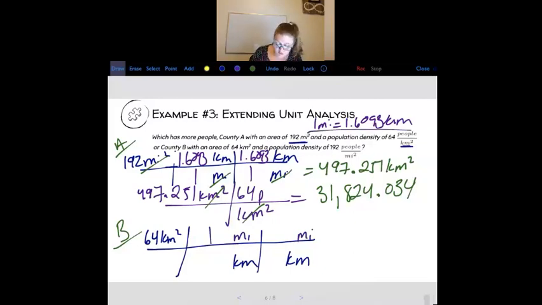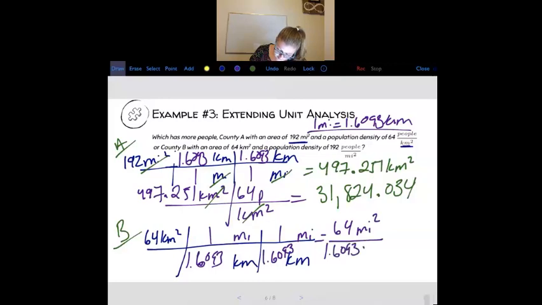So in this case, the 1 is going to go with the miles because that's what our conversion factor says, and we have 1.6093 in the denominator. And so we multiply what's on top. This becomes miles squared over 1.6093 times 1.6093.